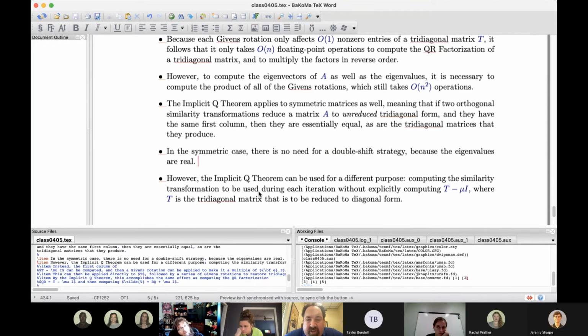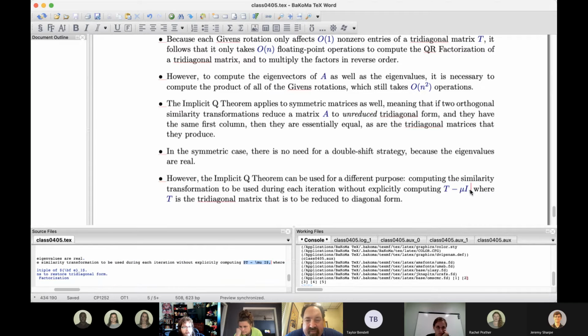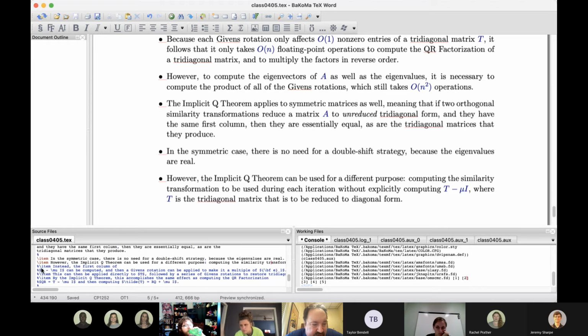But the implicit Q theorem is still useful, even if it's not as essential as before. You can carry out the similarity transformation you need in each iteration, so computing QR and then RQ, and you never have to explicitly form T minus mu I, where T is the matrix you're working on, and mu is whatever shift you're using during that iteration.